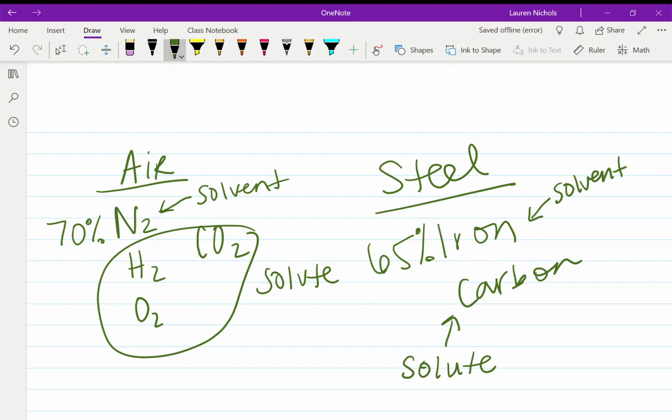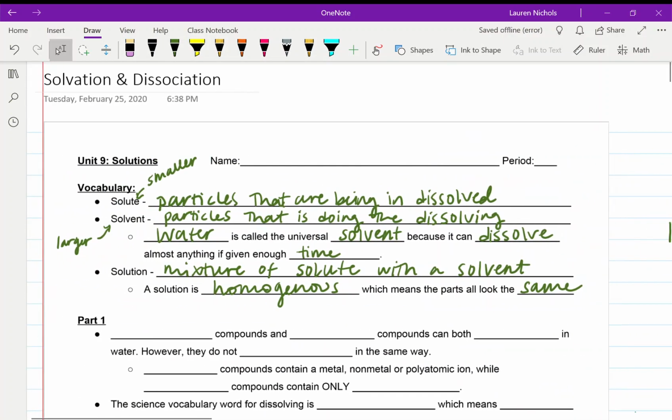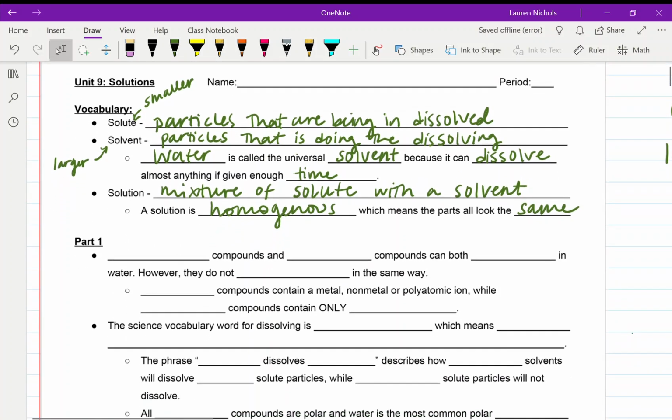So whichever chemical or element that you have the most of, that's going to be your solvent, and the smallest one is going to be your solute. That's kind of what a solution is. It's a mixture. It's homogeneous, meaning when you look at it, it all looks the same, but it is indeed mixed up. There are multiple pieces.